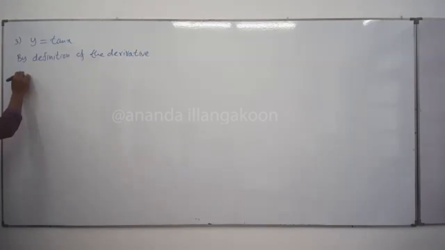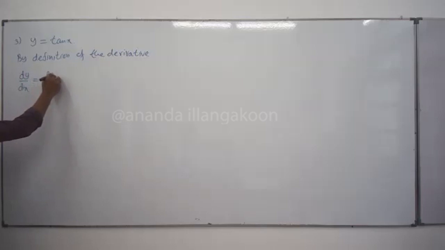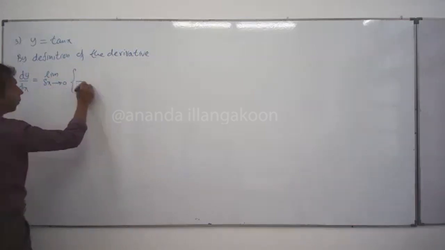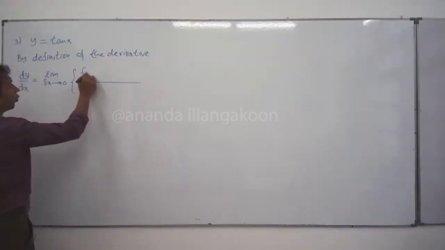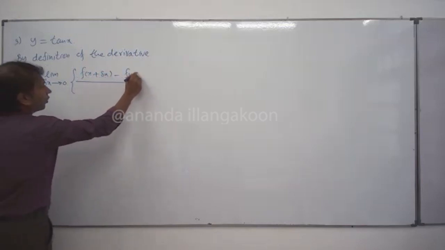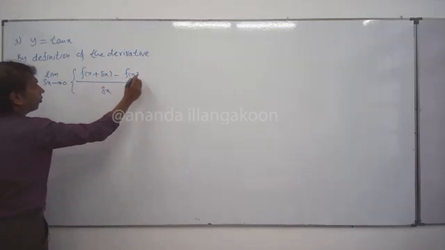So then what we do, by the definition of the derivative, we can write dy by dx, how, people? Limit delta x going to 0, f of x plus delta x minus f of x, divided by delta x.